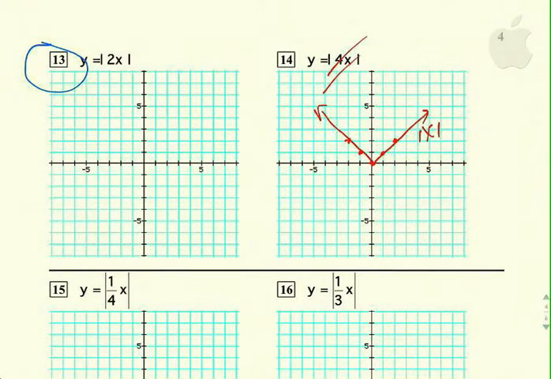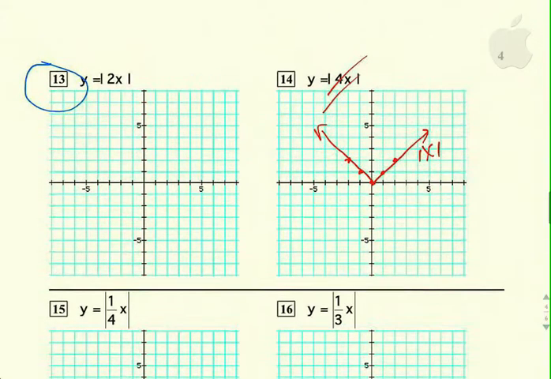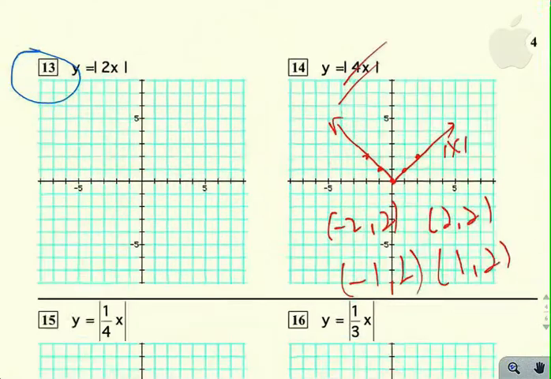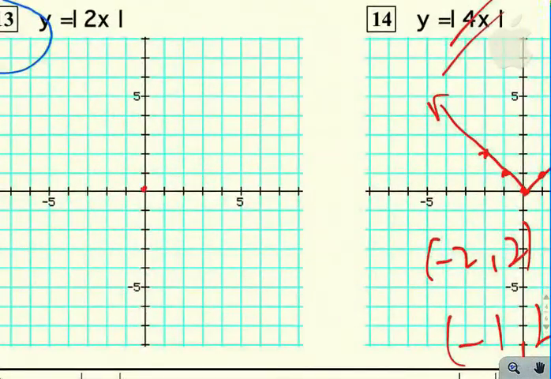Well, when you multiply the x by 2, you're actually dividing them by 2. So instead of (2, 2), you're going to divide the x by 2, which makes it (1, 2). Instead of (-2, 2), you're going to have (-1, 2). And (0, 0) will remain unchanged.